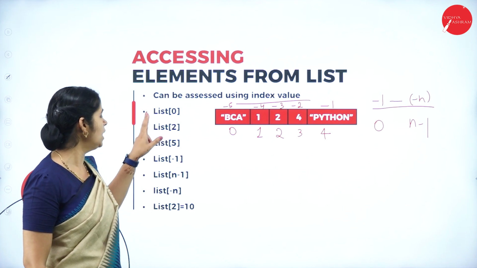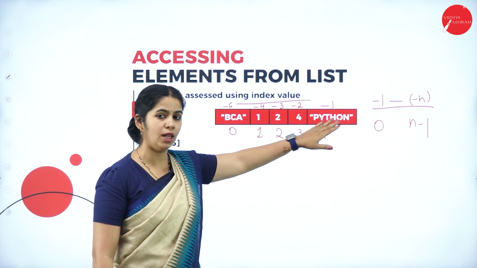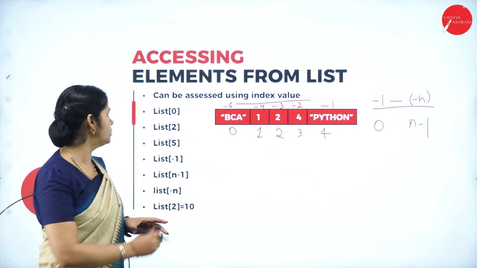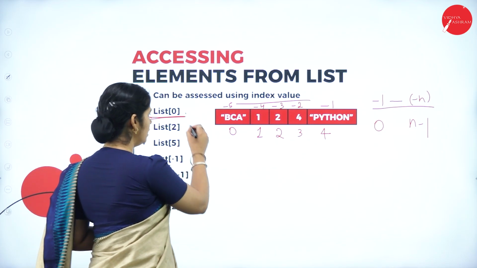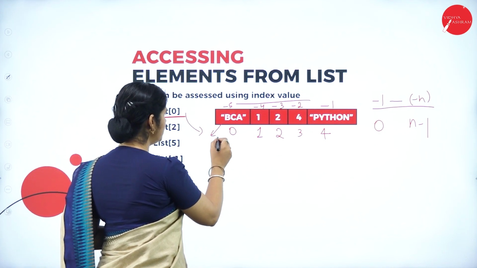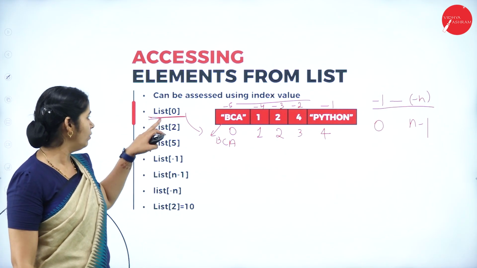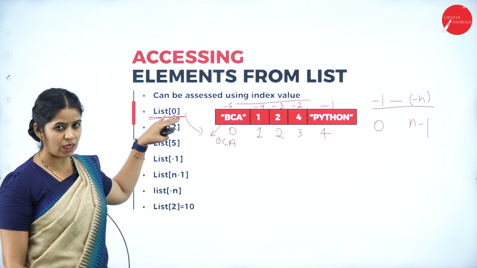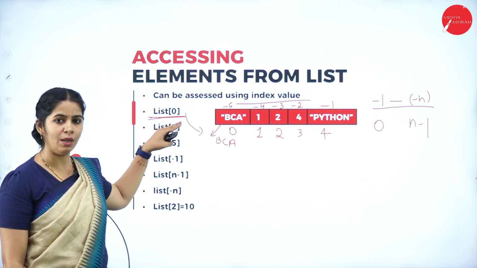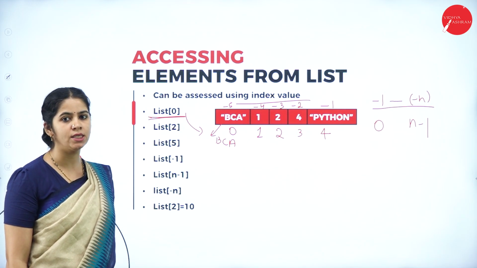So here you can see list of 0. How are we going to access a particular element of the list? By giving the index value. List of 0 displays what? It displays this value, that is BCA. BCA will be displayed when we give this instruction; list of 0 is saying that the 0th element in the list has to be taken out, has to be accessed.